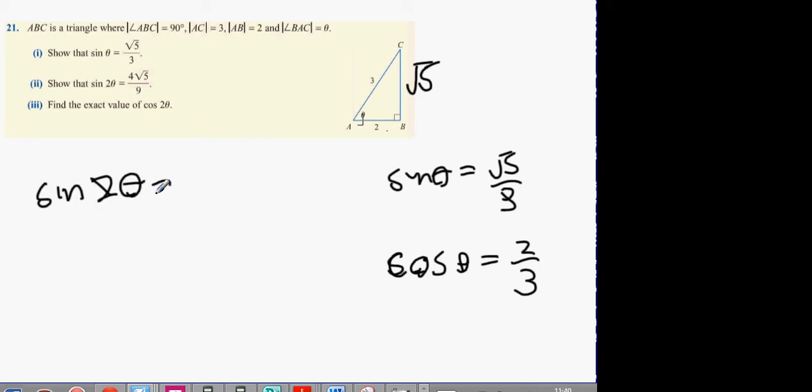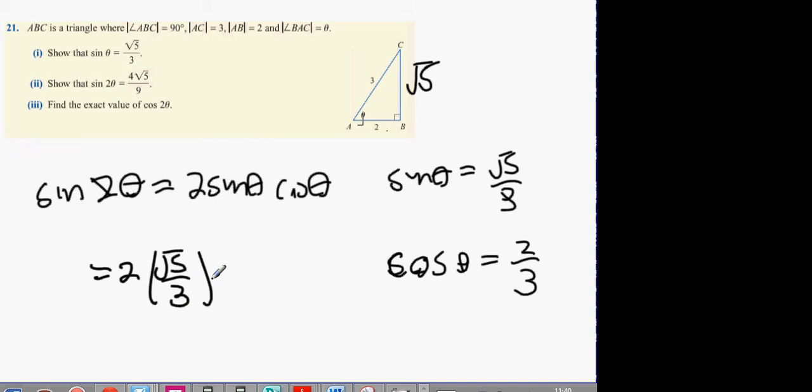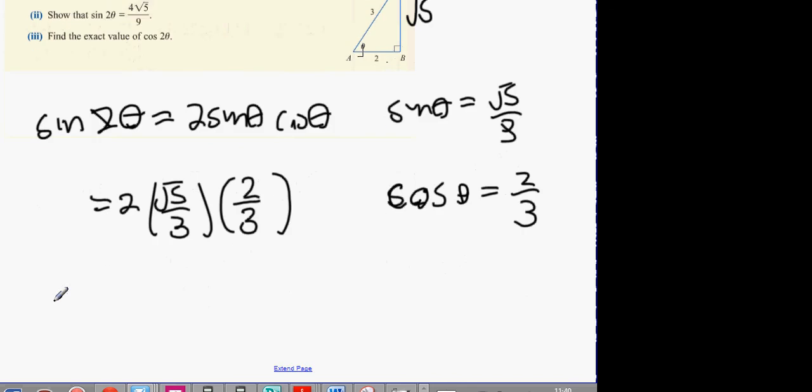Sine 2 theta is 2 sine theta cos theta. And what we're going to get here is 2 times root 5 over 3, times 2 over 3. And what do we get here, guys? Anybody? 4 root 5 over 9. Exactly what I was asked to do.